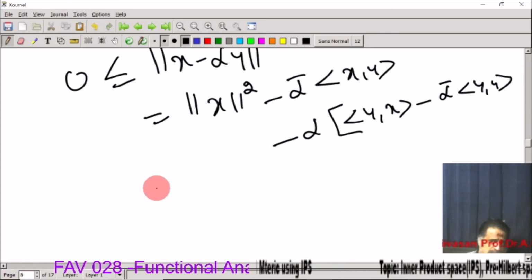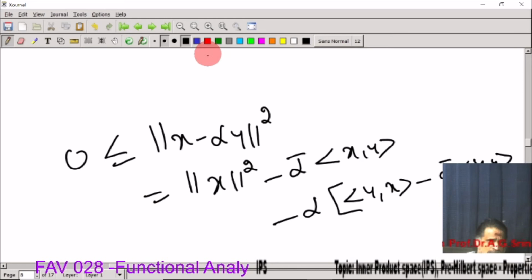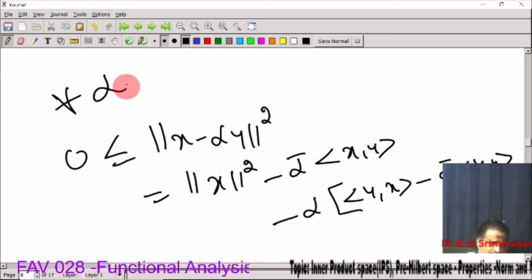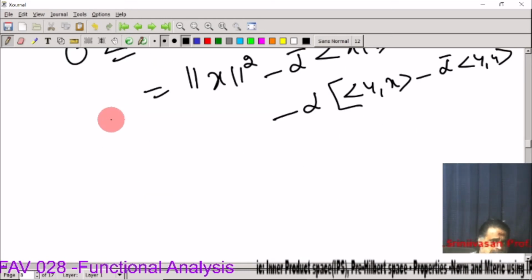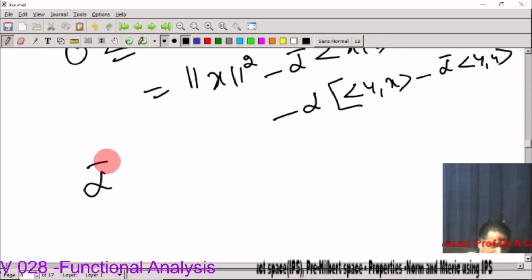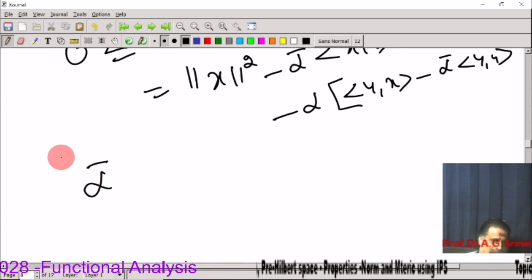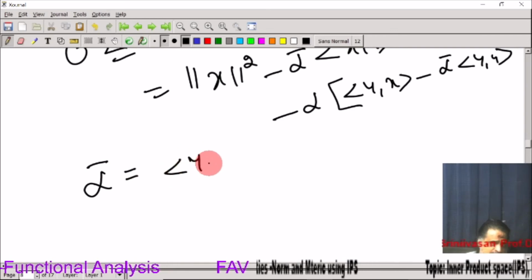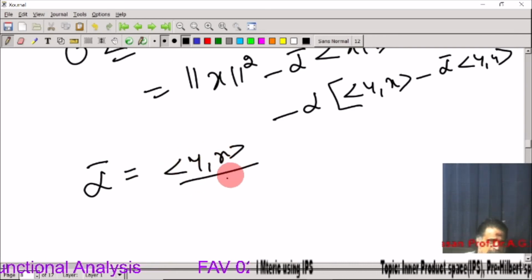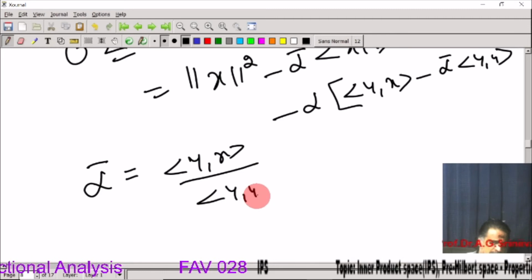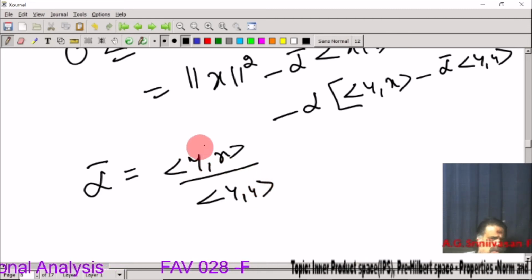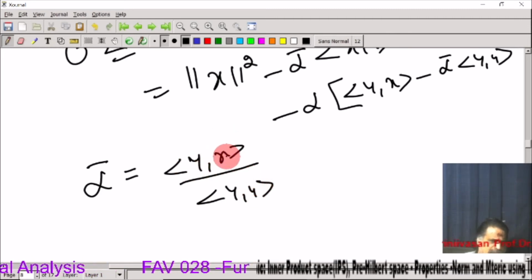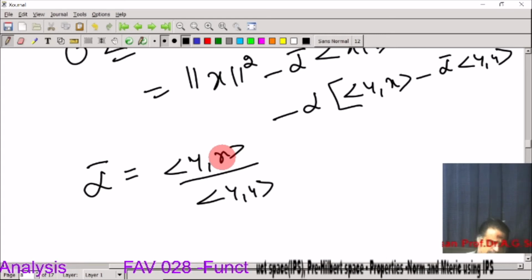Now since this is valid for every alpha, I will choose alpha such that alpha bar is equal to inner product yx by inner product yy. You know pretty well that inner product yx could be a real number or a complex number.